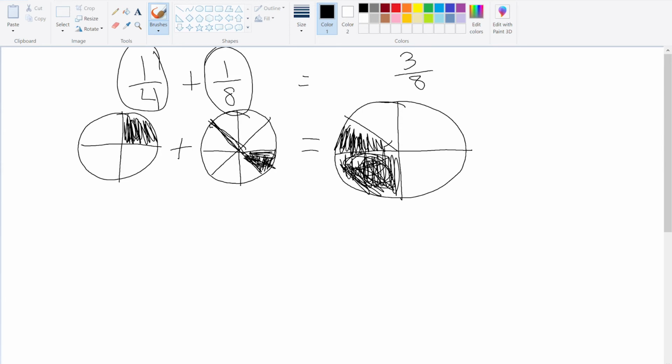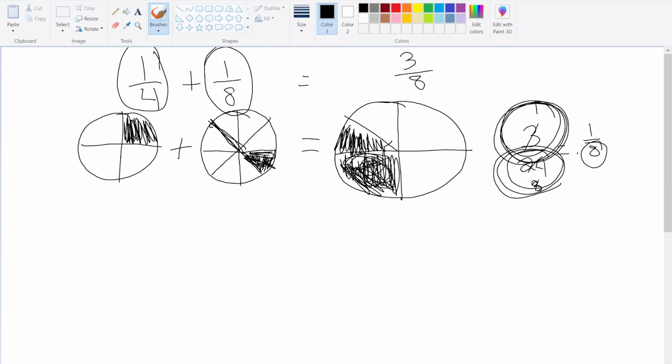So if we remember earlier, I had 3 over 24, and I said that that can be reduced to 1 over 8 because they both have this 3 in the top and the bottom. That can come out. Because these are the same fraction, the same thing applies for any other fraction. So if you need to change the denominator of the fraction, something has to change with the numerator too.